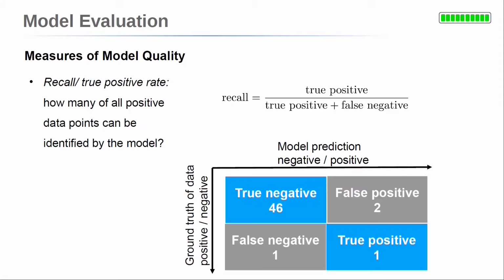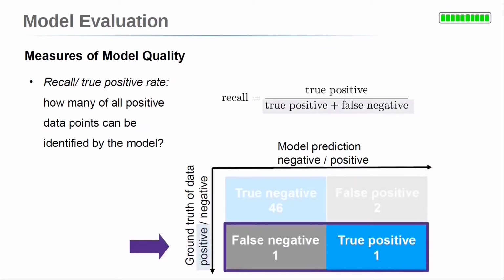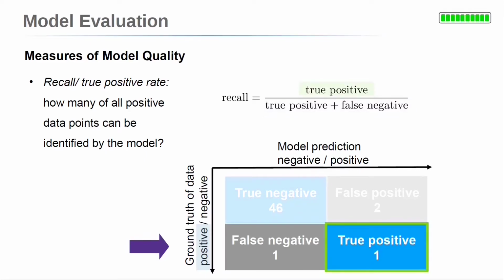The first one is the recall. It evaluates the model quality from the perspective of the positive data points. It answers the question, how many of all positive data points are identified by the model?